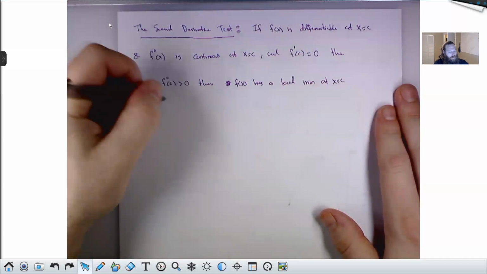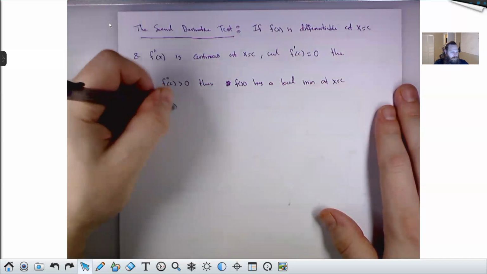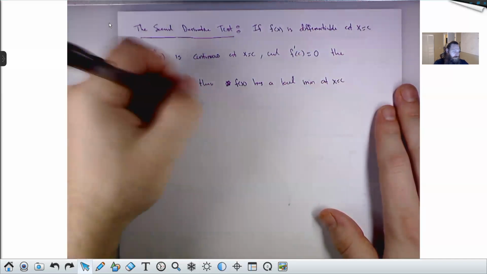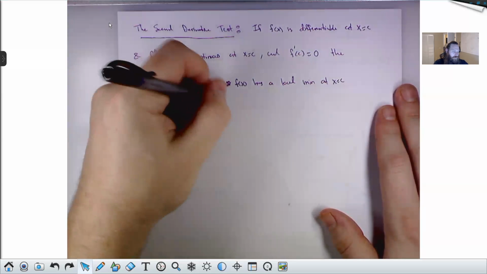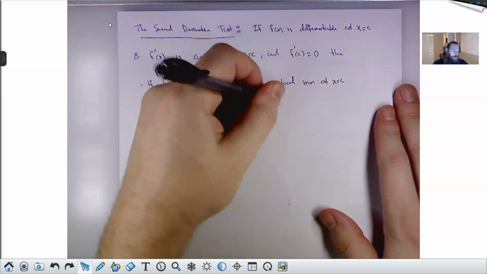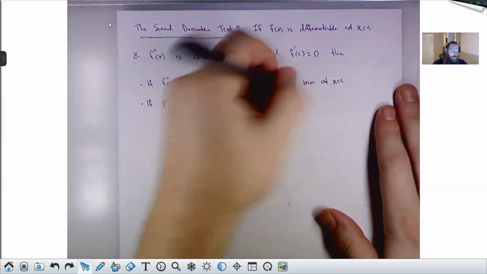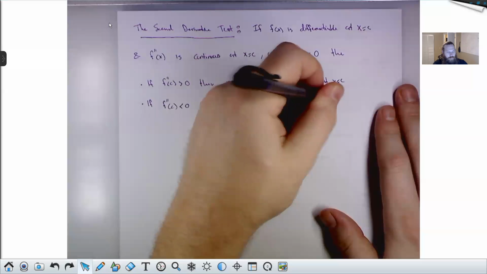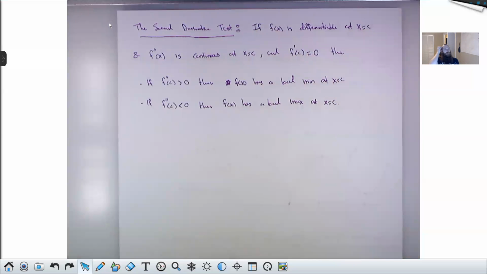And if f double prime of c is negative, then f of x has a local max at x equals c.